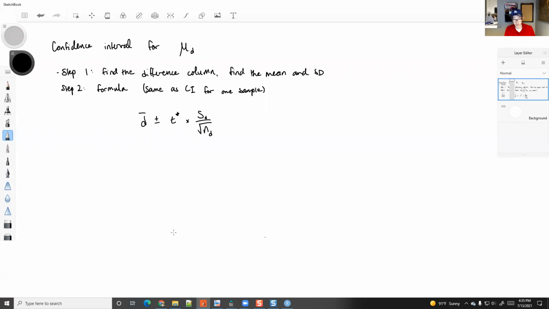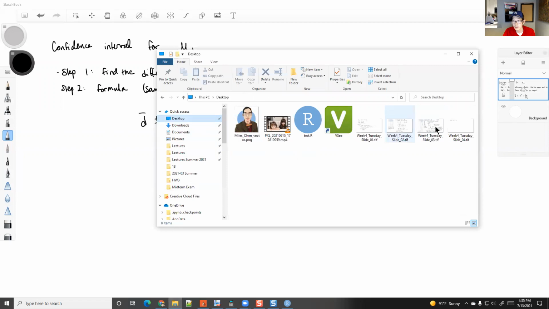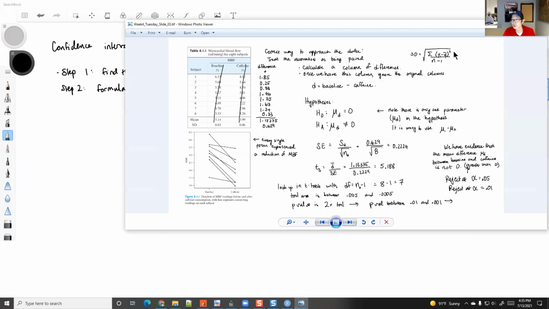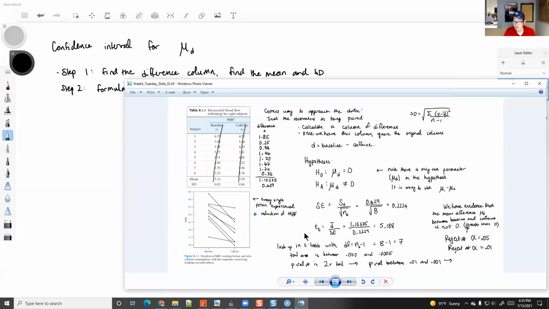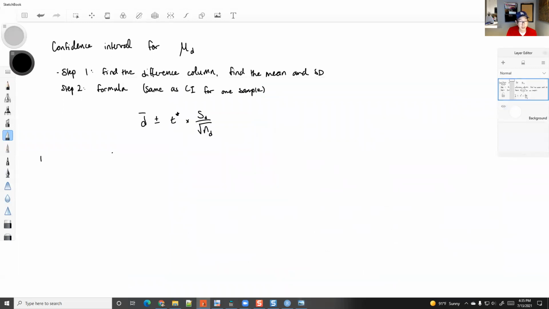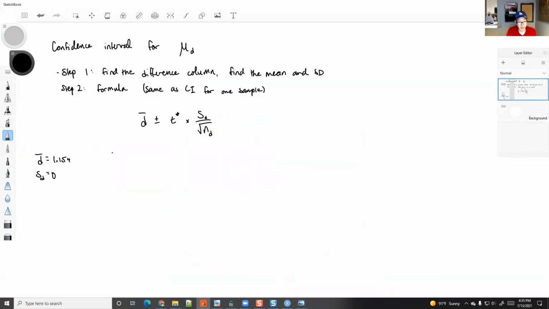So where did these numbers go? These are the values. We have d bar from the previous slide, 1.154. The standard deviation of these differences is 0.629, and the number of observations is 8.